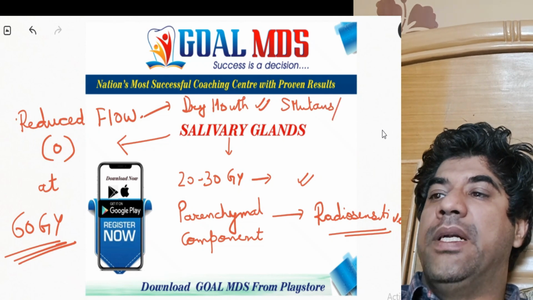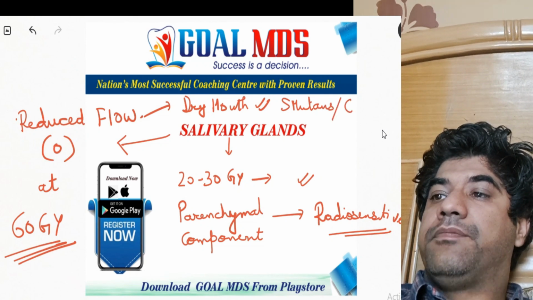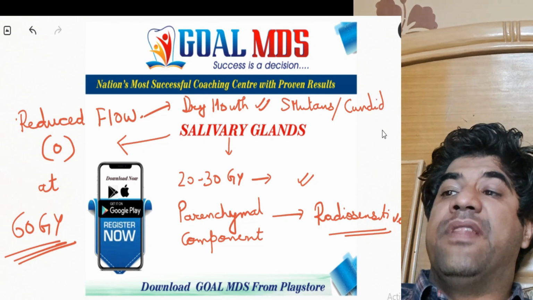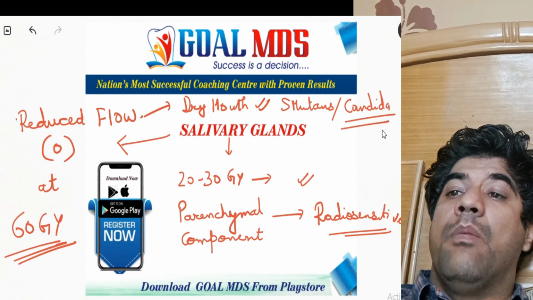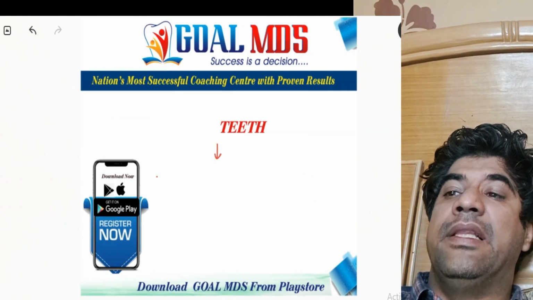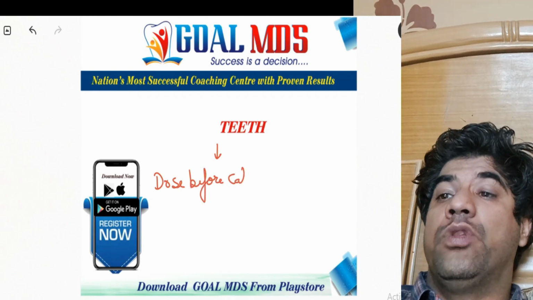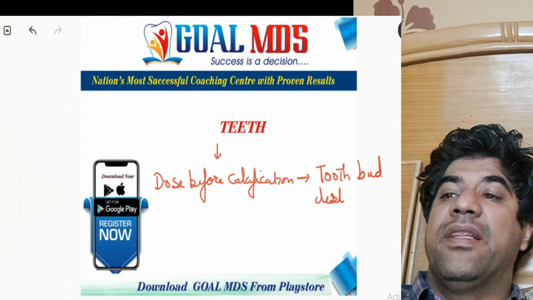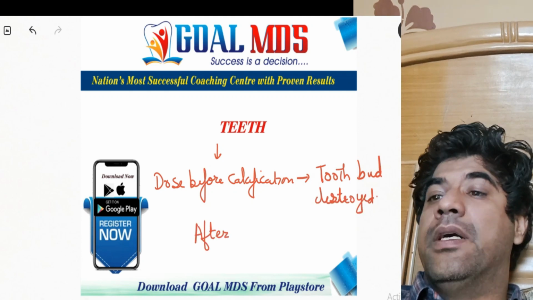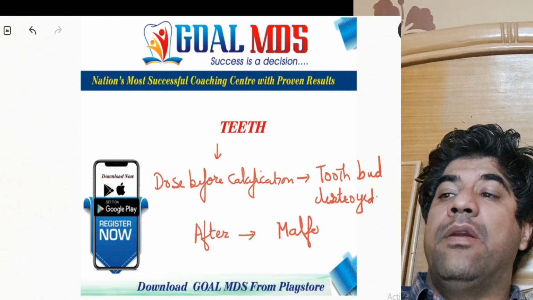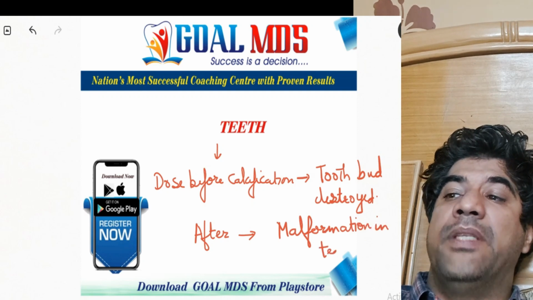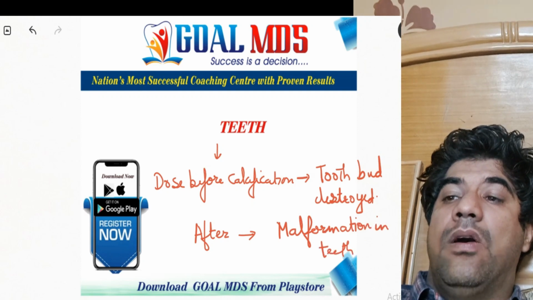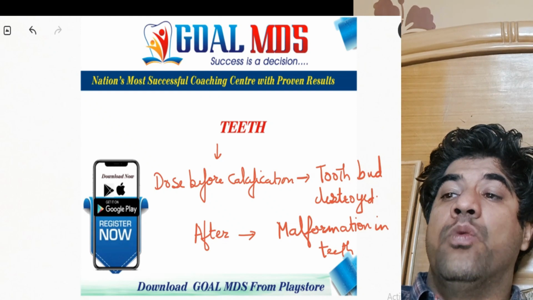What would happen to the teeth if the exposure is given before calcification? You will see the irradiation can destroy the tooth buds. But if the irradiation is given after the calcification has begun, that may cause cellular differentiation, causing malformation in the teeth that may retard the root formation.